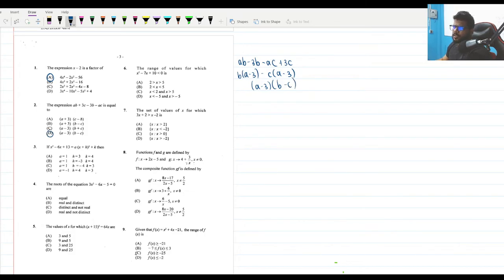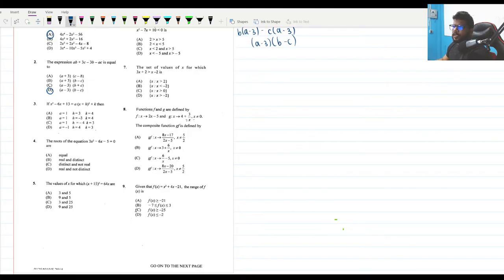If x squared is that, if that is equal to that, then A, H, and K is, so you have a couple ways to do it. Easiest way: ax squared plus bx plus c is equal to a into x plus h squared plus k. A in the quadratic will be equal to a in the completed square version.